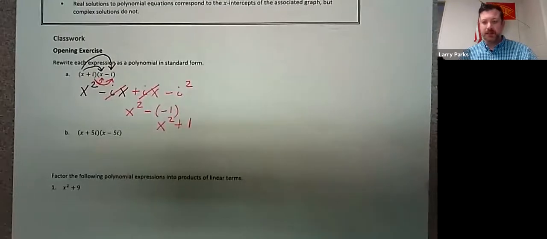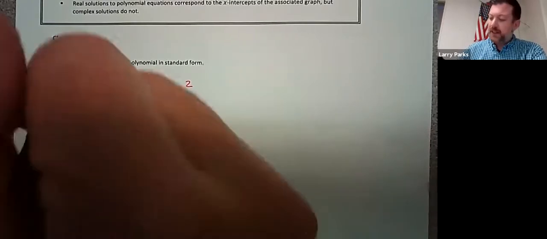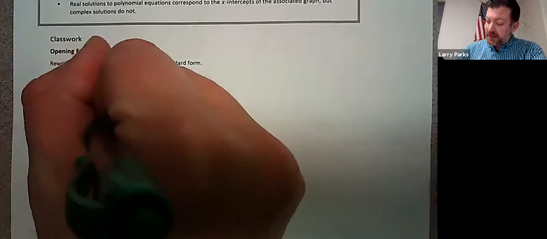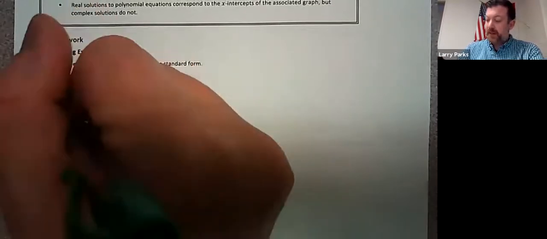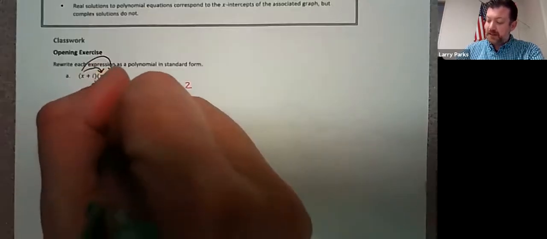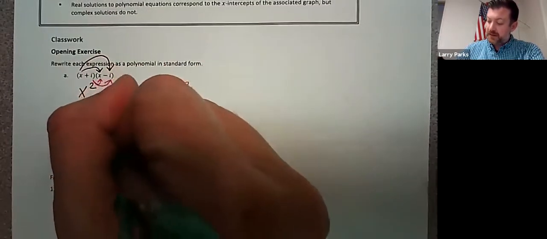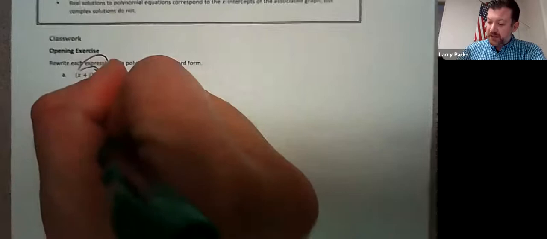The next one, if I were to distribute this, and again, it's just review real fast, I would take x times x. I would take x times negative 5i. And then I would take 5i times x.